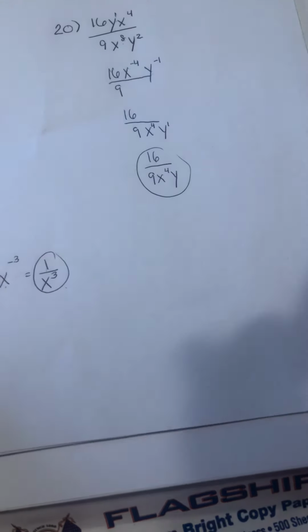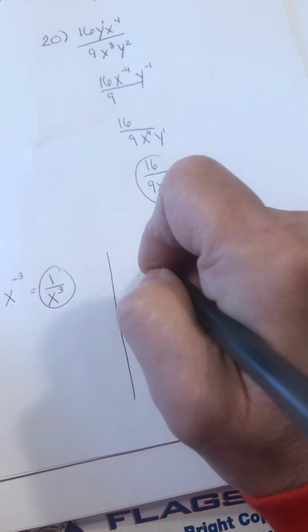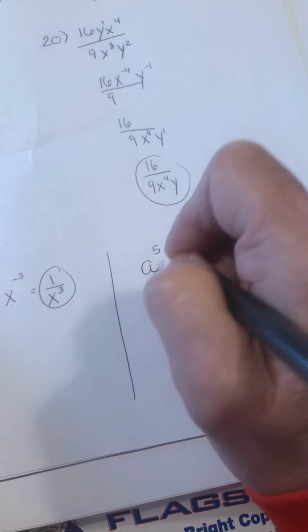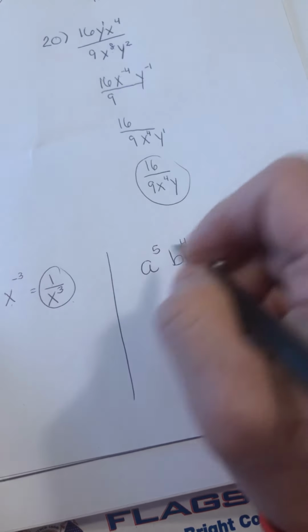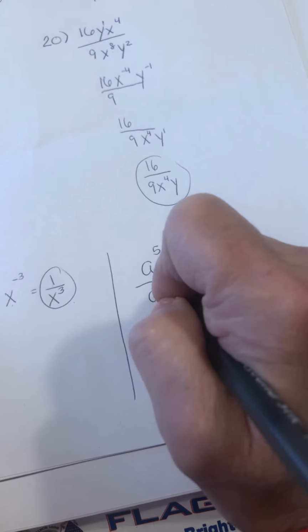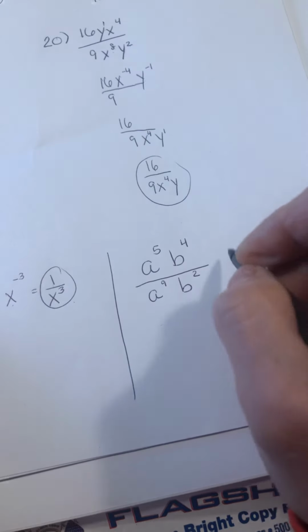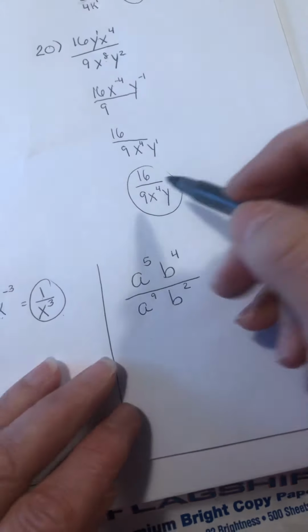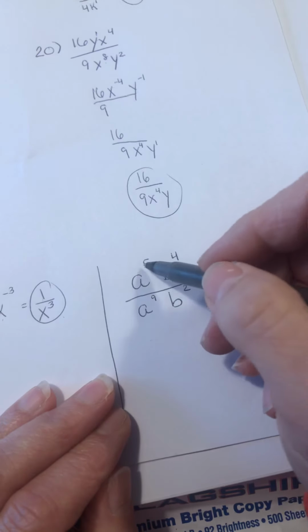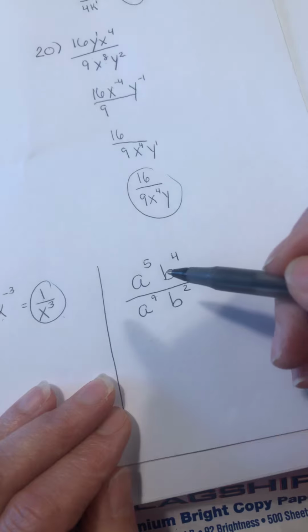As another example, if we had something like a to the 5th, b to the 4th, divided by a to the 9th power, b to the 2nd power. If I treat the a's and the b's separately, I know that the difference between 5 and 9 is 4.